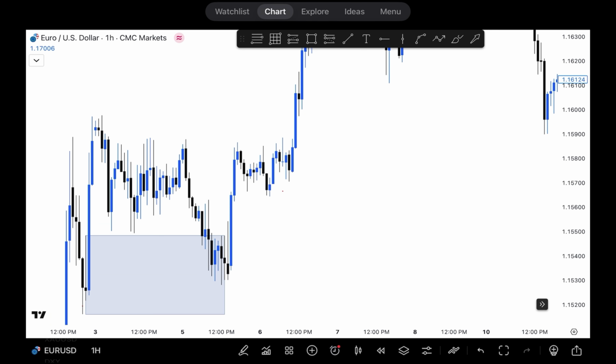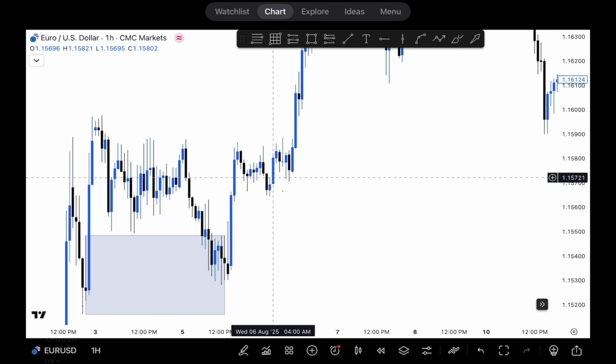Okay, this is an example of case 2. Yes, this is a perfect example for case 2. Look at the bullish candle here. The next bullish candle did not trade back into this initial bullish candle.